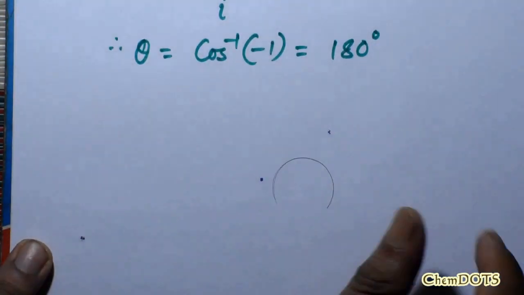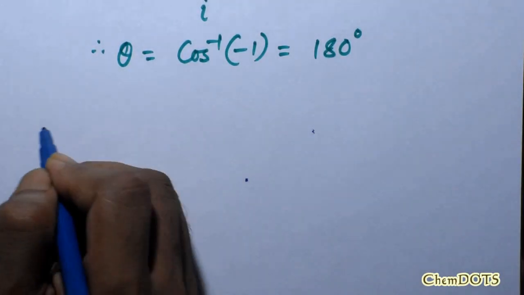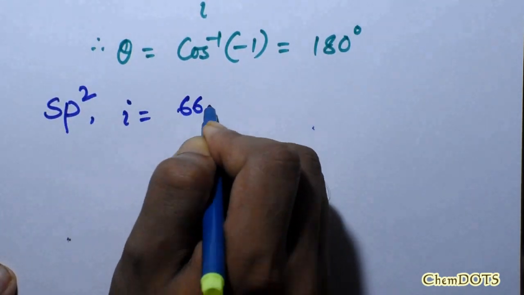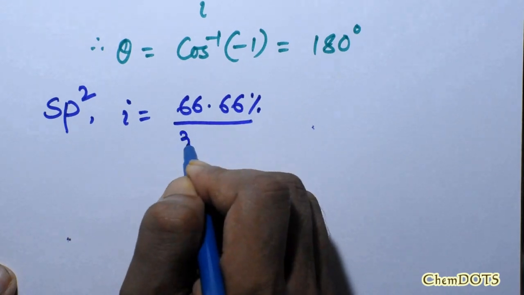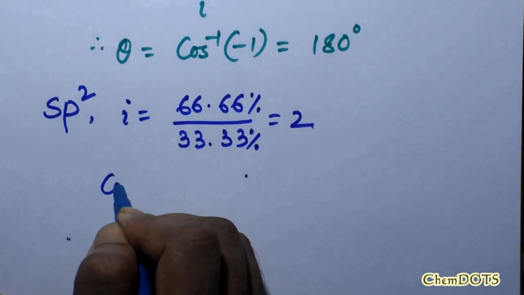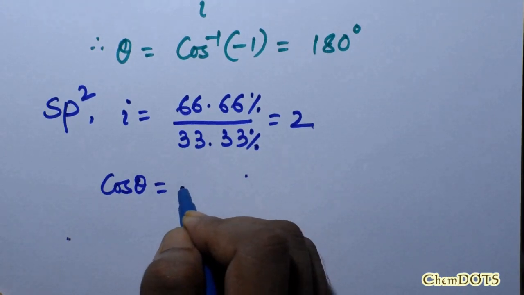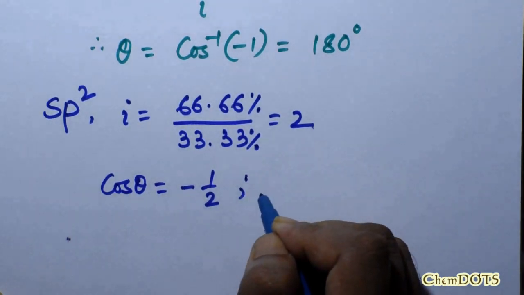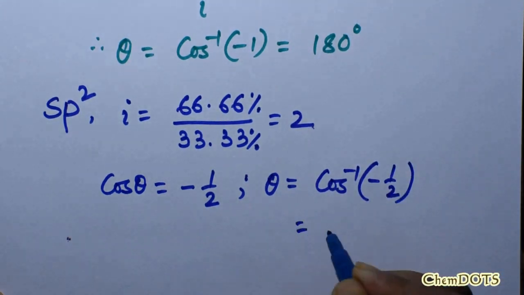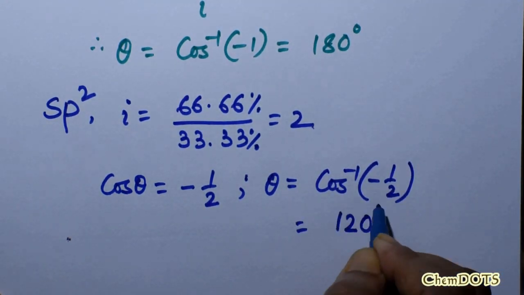Now coming to the sp2 hybridized orbital, the percentage of P character is 66.66 and percentage of S character is 33.33. That means I equal to 2 and cos theta equal to minus 1 by 2. That means theta equal to cos inverse minus half, which is 120 degrees.